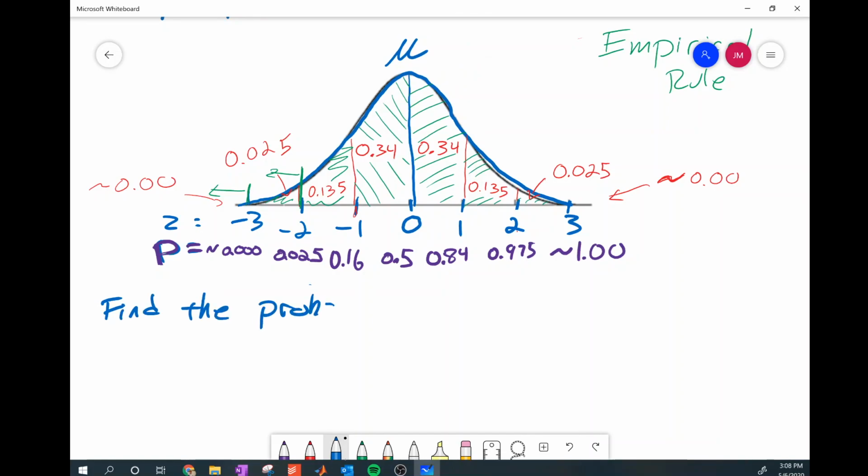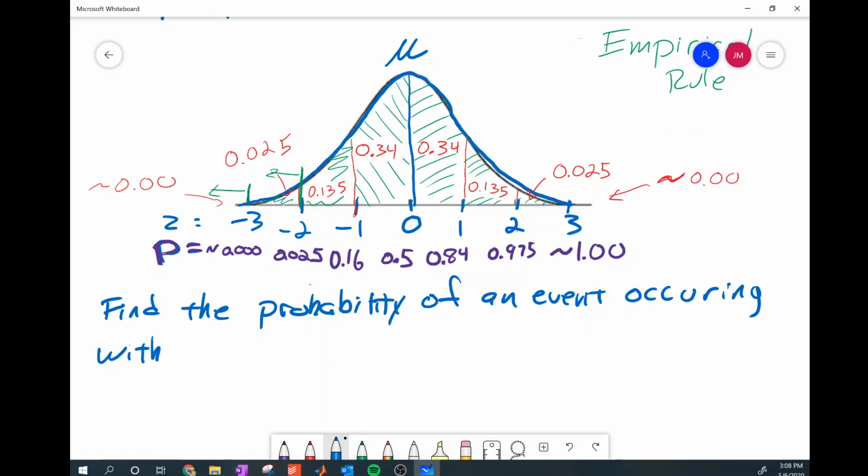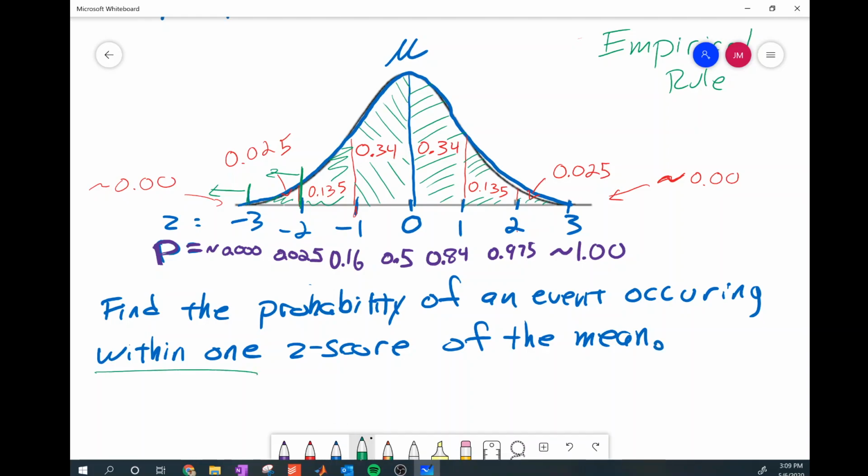Find the probability of an event occurring within one z-score of the mean. In fact, they probably wouldn't even say z-score, they might say standard deviation. So when they're saying within 1, that means we could be 1 over or we could be 1 below. So we want this entire area now.